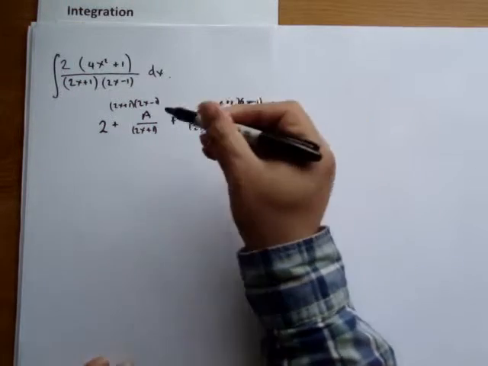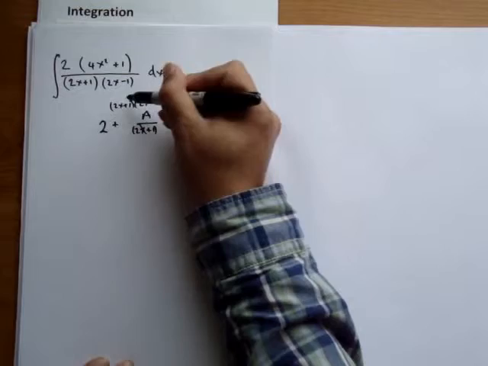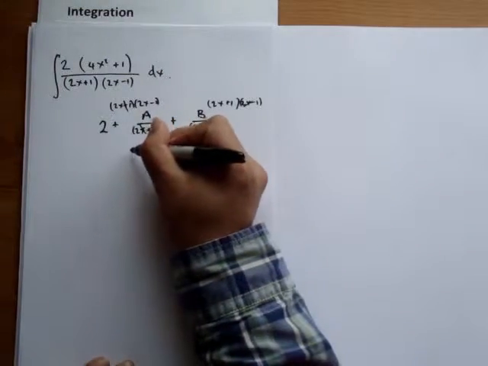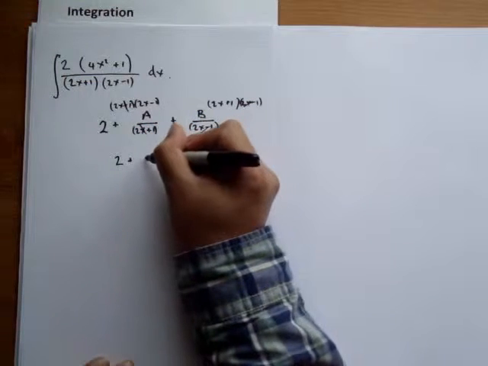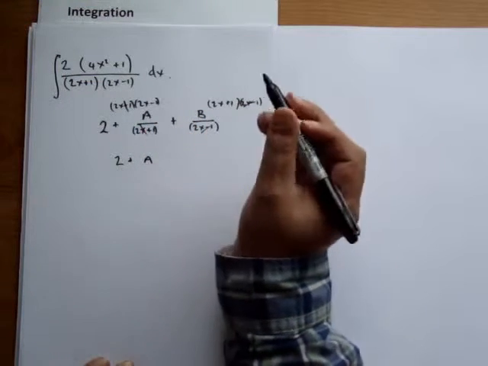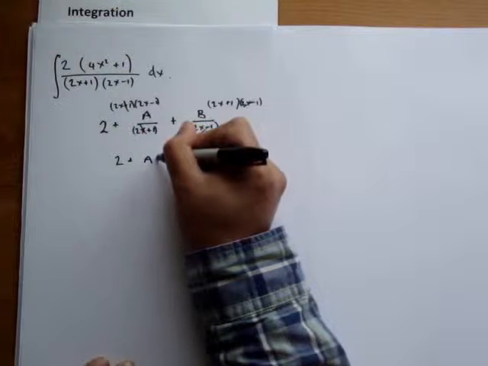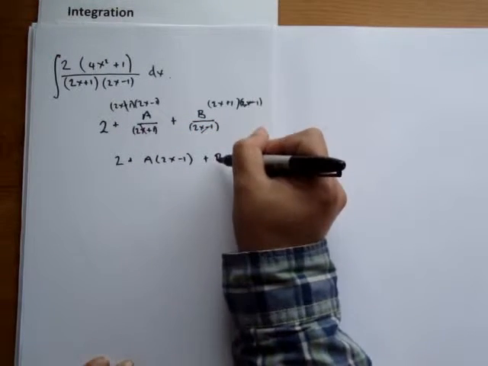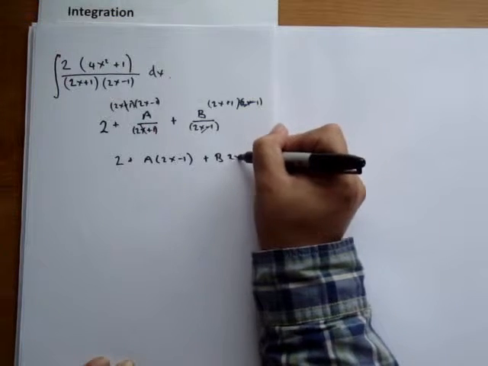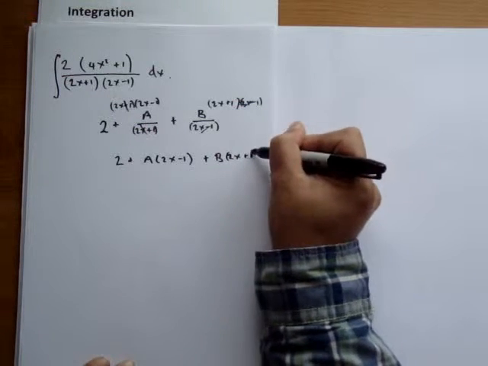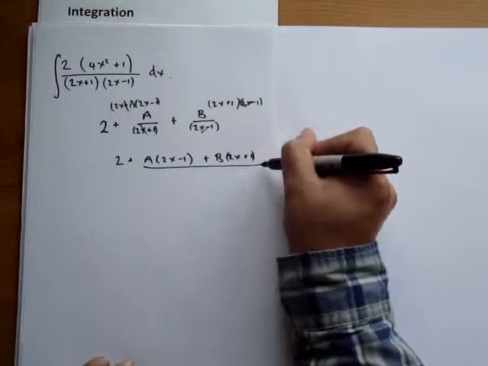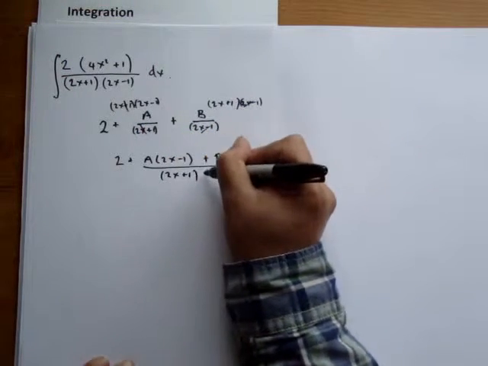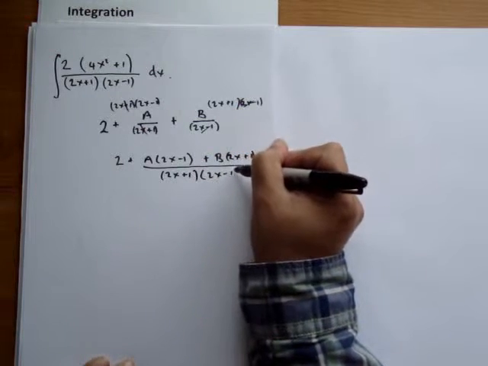So these cancel each other out, and this cancels with that, and we're left with 2 plus a times 2x minus 1 plus b times 2x plus 1 all over 2x plus 1, 2x minus 1.